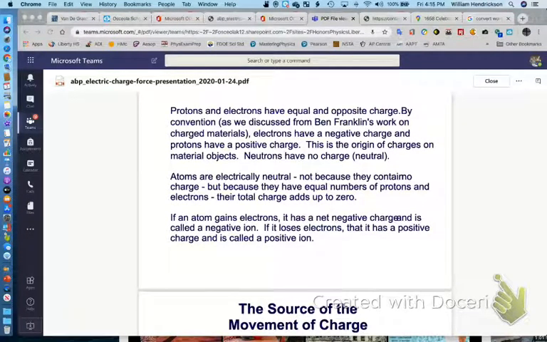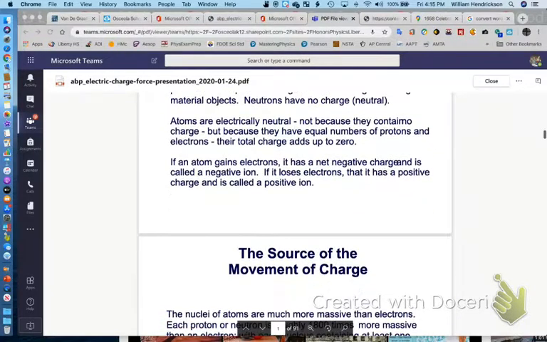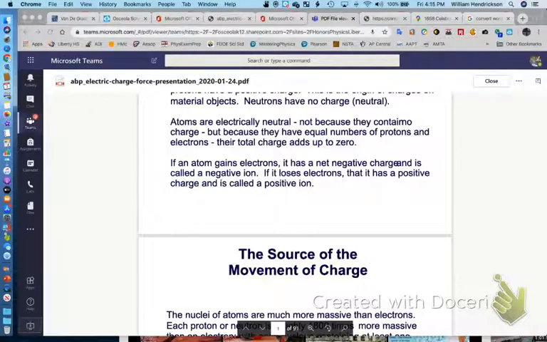Atoms want to be neutral. In order to be neutral, they have to have the same number of protons and electrons. Number of neutrons does not matter because they're neutral. If an atom gains electrons, then it is said to have a negative charge, and it's called a negative ion.